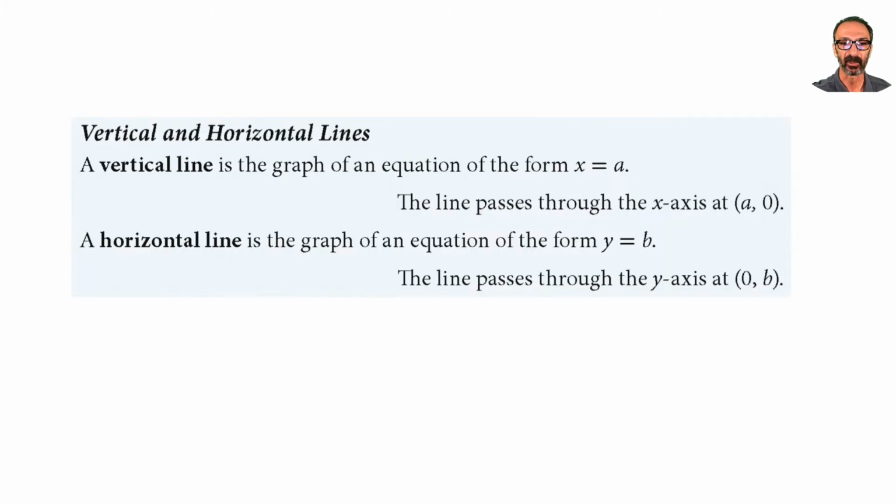And this is a summary of what we have: vertical lines and horizontal lines. Vertical lines, they usually look like x equals a, and horizontal lines, usually you go up or down and you keep the y fixed, and the x-intercept and the y-intercept will be referring to a and b the same way.